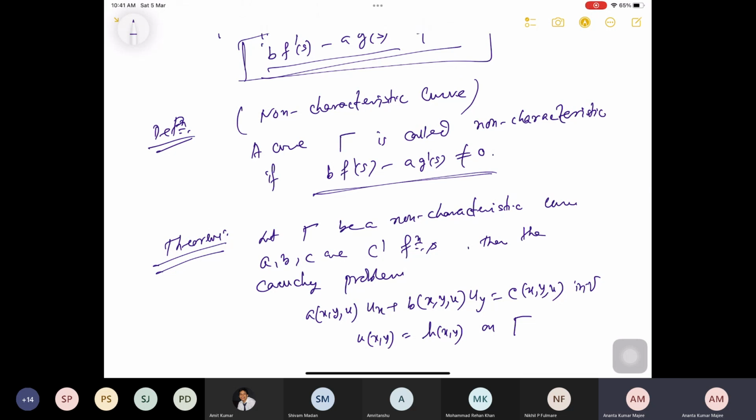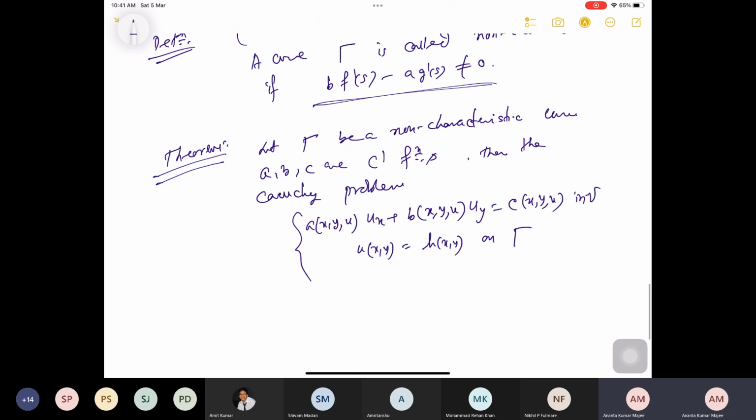If gamma is a non-characteristic curve and the coefficients a, b, c are at least C^1 functions, then this Cauchy problem has a solution in a neighborhood of your initial curve gamma, which I denote as U. So U is nothing but the neighborhood of gamma, an open set in R^3.